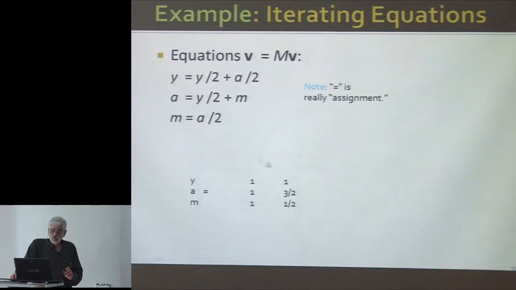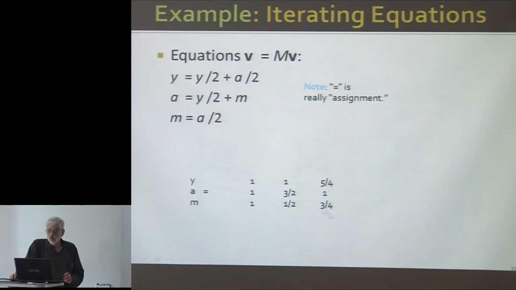Now, the next iteration, I'll just do a quick example. The new value of a is y over 2. Well, y is 1, so half that is a half, plus m. M is also 1, so it's a half plus 1, and so a is 3 halves. Now, I apply the same equations to these values for y, a, and m, and I get these values.